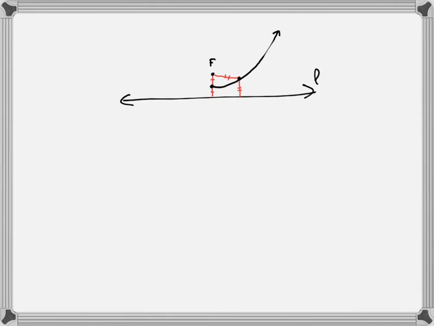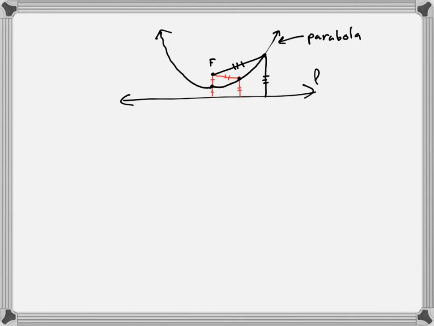And so what we're saying is that any point that we grab on here has to be the same distance to F as to L. So this is why we get that shape, and we do get the same shape on the other side. Okay, so this is called the parabola.